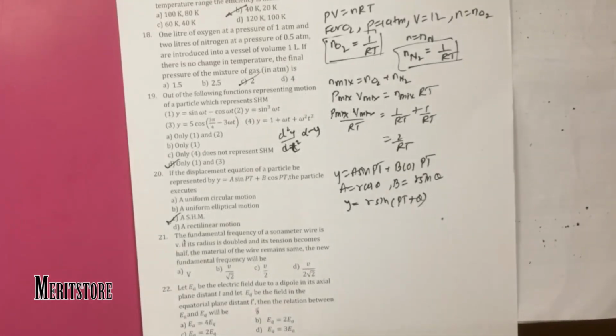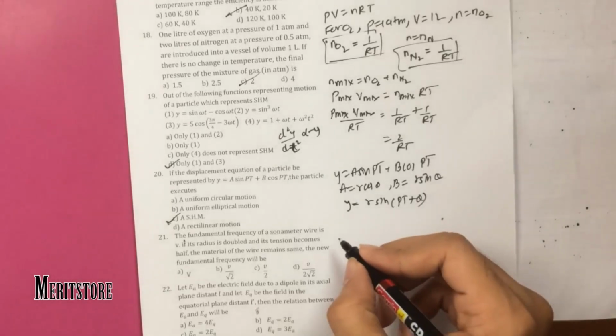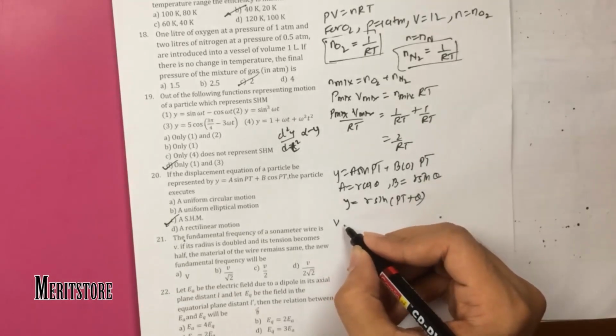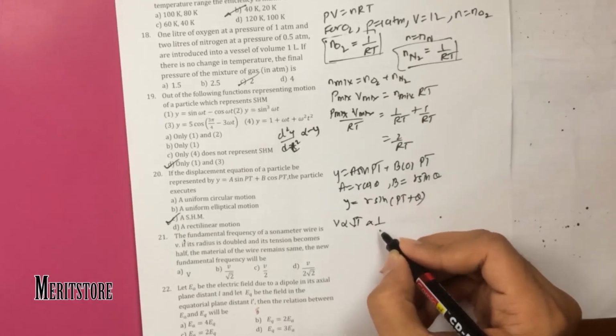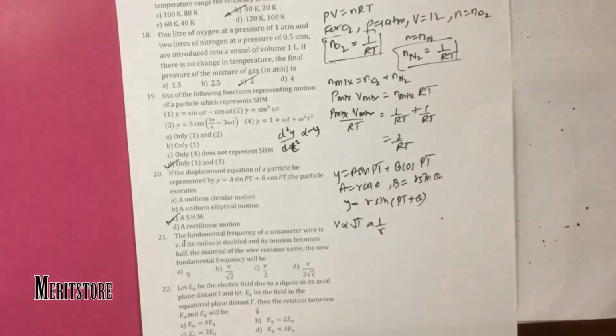Question 21. The fundamental frequency of a sonometer wire is V. If its radius is doubled and its tension becomes half, the material of the wire remains the same, the new fundamental frequency would be. Now for a sonometer, the fundamental frequency is directly proportional to root T and inversely proportional to R, radius.